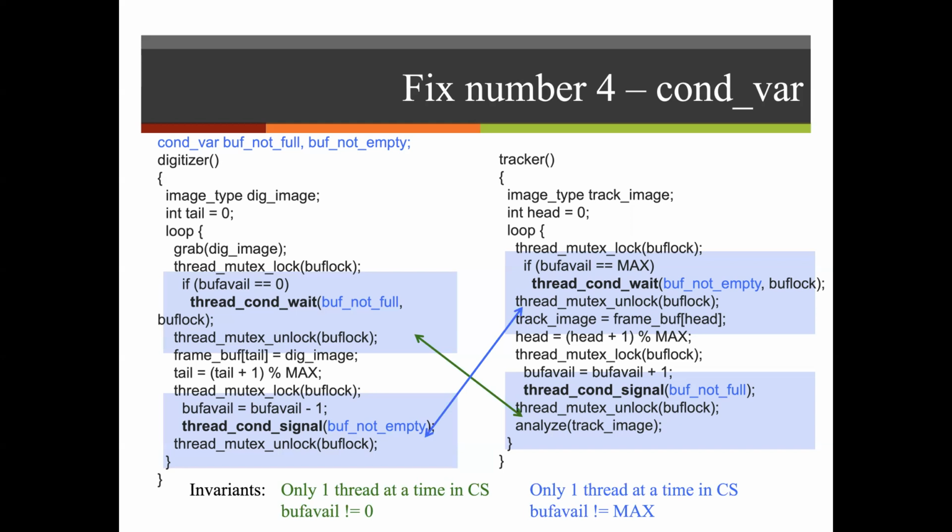And so in each one, we're able to use the thread condition wait call. The invariant in this case is the calling thread holding a lock. So once executed, the library will release the lock on behalf of that calling thread.